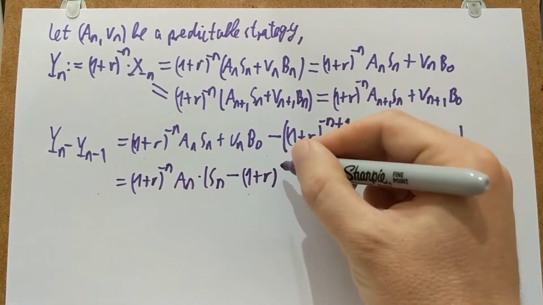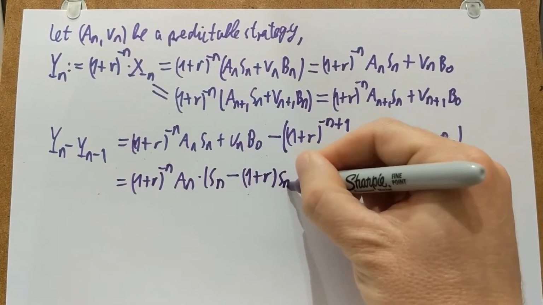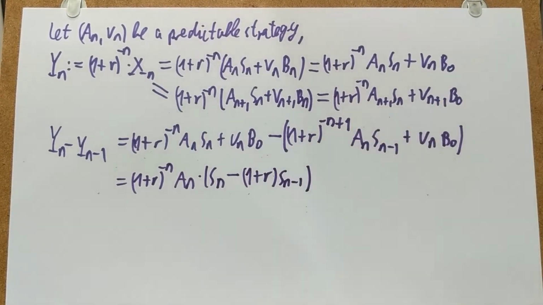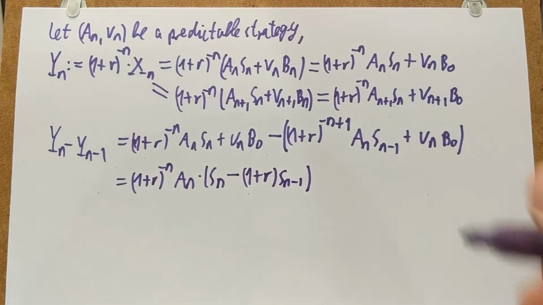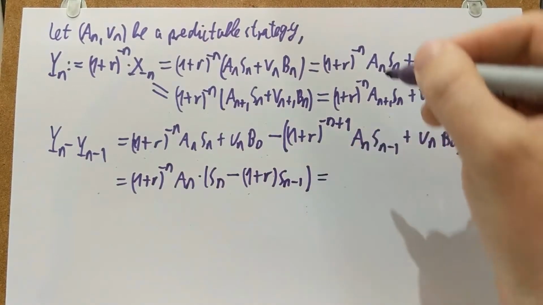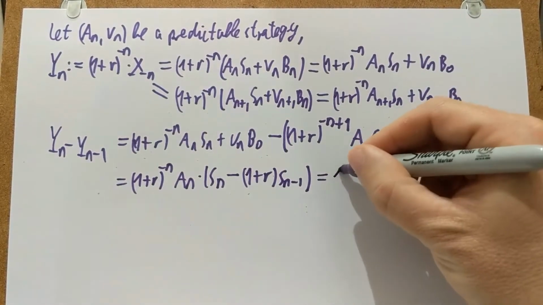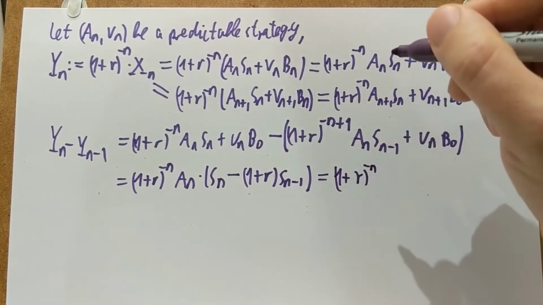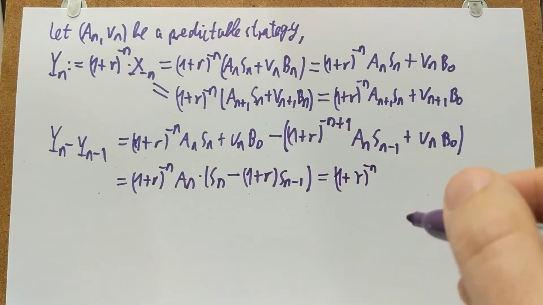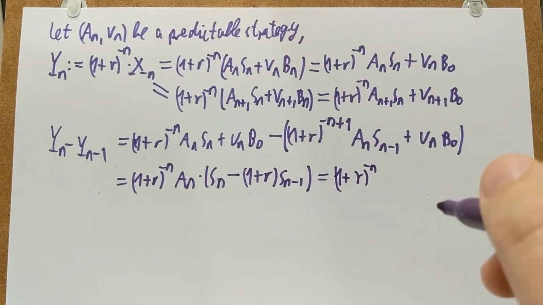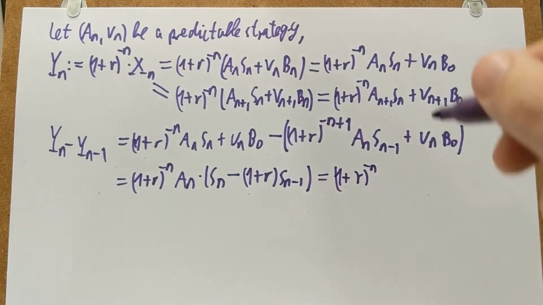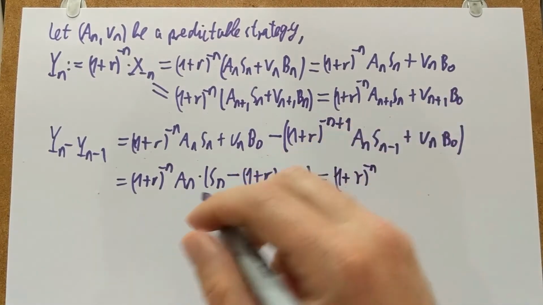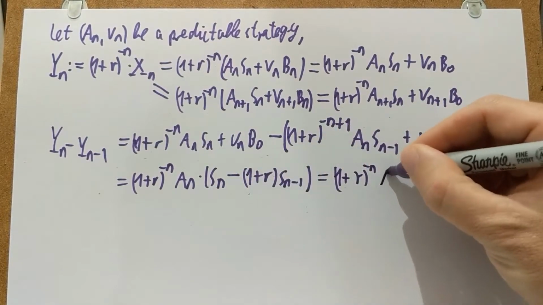Which is just equal to (1 plus r) to the minus n, An, and just simplify.